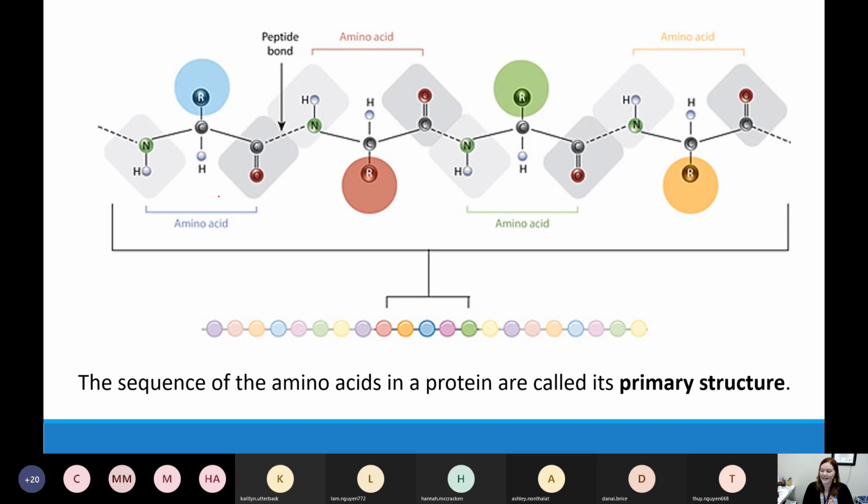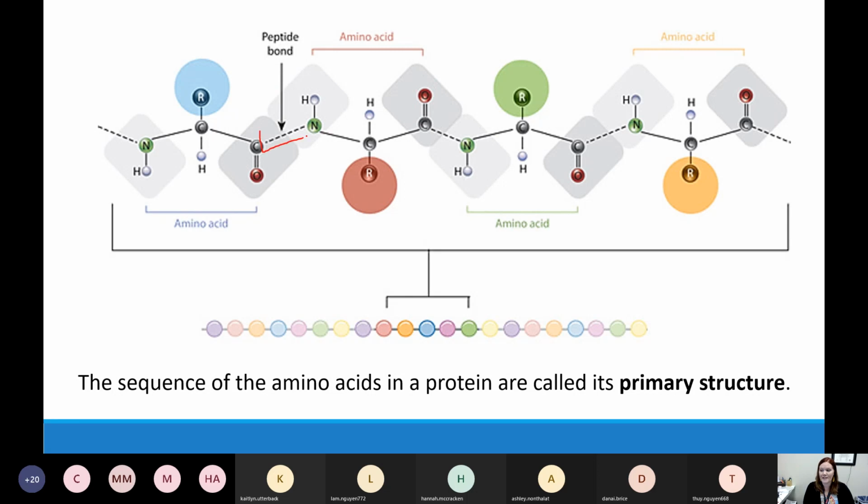We have to get primary structure right for the other levels of structure to be correct as well. If we mess up primary structure, not always, but most of the time, that can be really scary for the other levels of structure that come on top of it. So primary structure is the basic order that I put the amino acids together in.